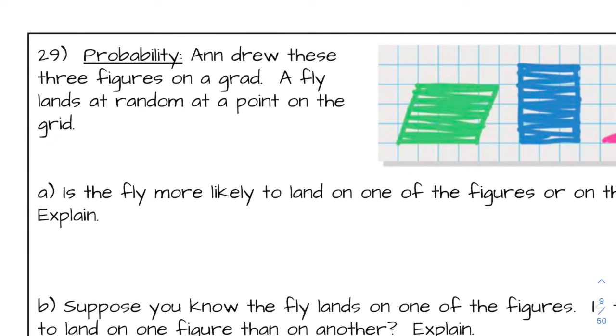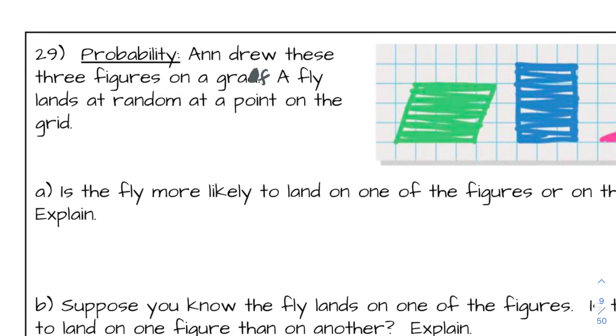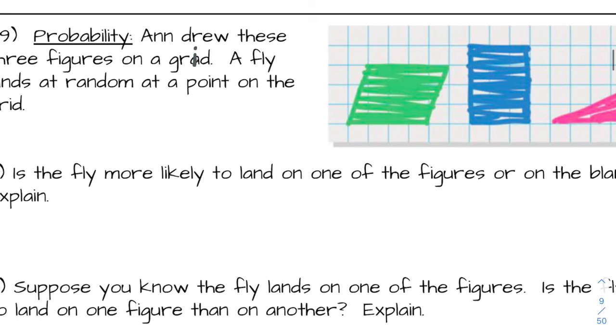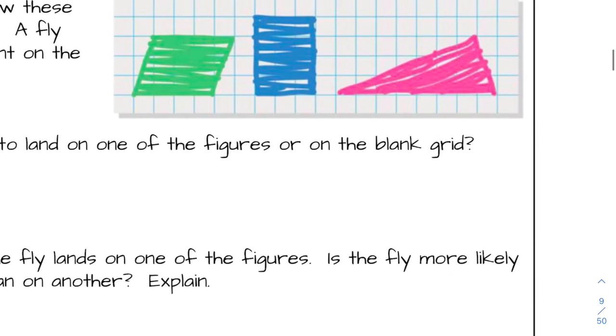So here we have Anne that drew these 3 figures on a grid. A fly lands at random at a point on the grid. Is the fly more likely to land on one of the figures or on the blank grid?